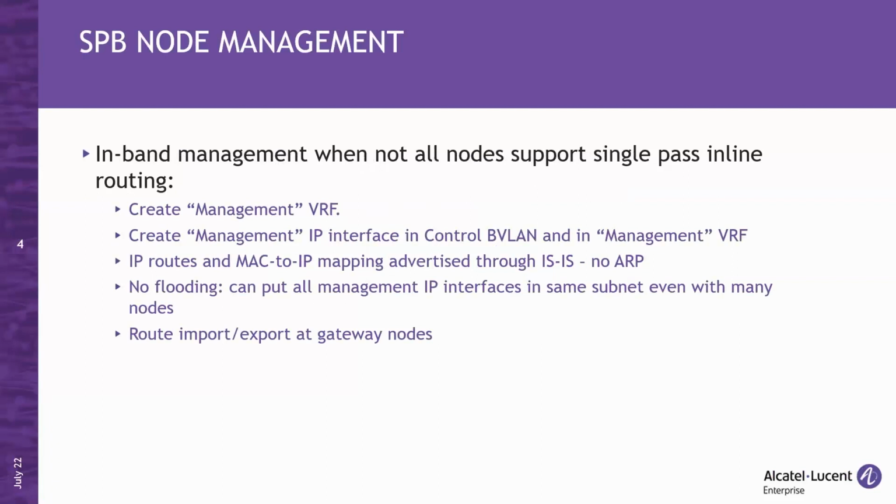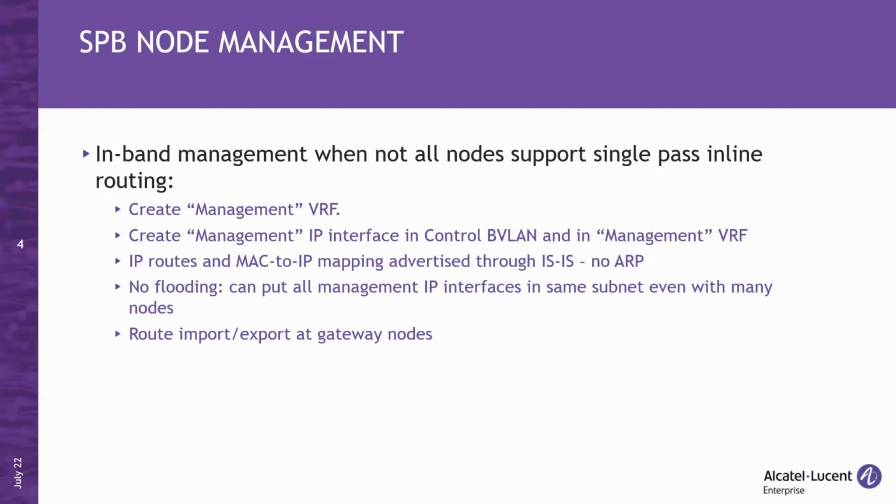We call this in-band management. How does it work? You still create a separate VRF for management, but you don't create a management service. You can create management IP interfaces and bind them directly to the control backbone VLAN. But these are not your standard IP interfaces though.